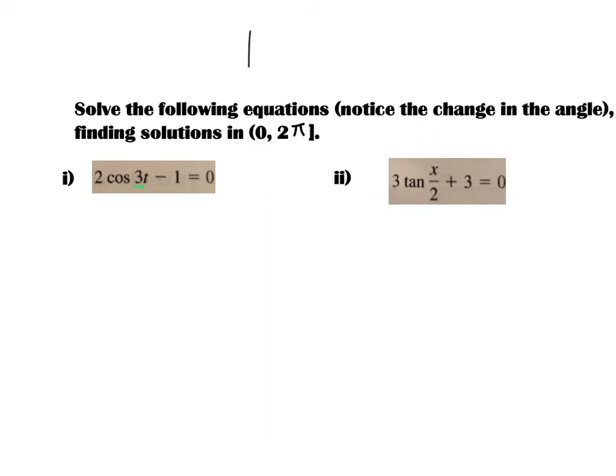So check out this graph of cosine, right? Here's the graph of cosine from 0 to 2 pi. Let's say I wanted to know where it equals 1 over root 2. Okay, if I do a horizontal shrink by a factor of 3, what's going to happen is there will now be, instead of 2 solutions, there will be 1, 2, 3, 4, 5, 6.